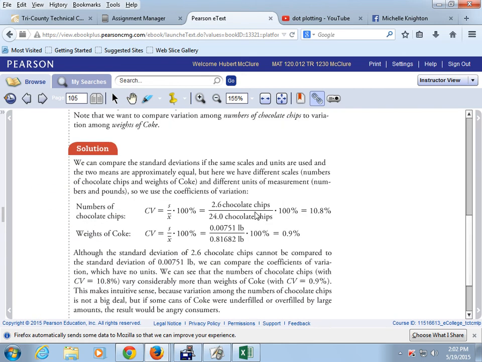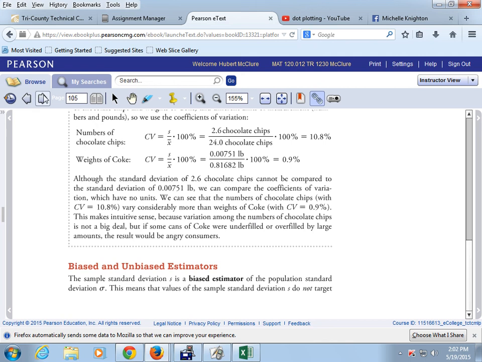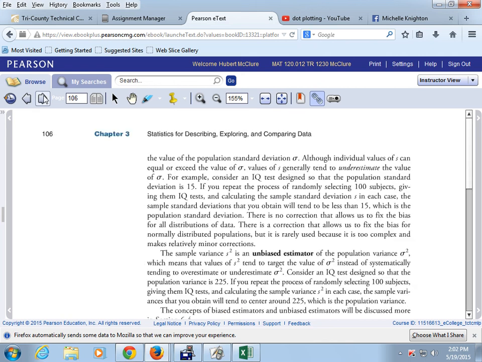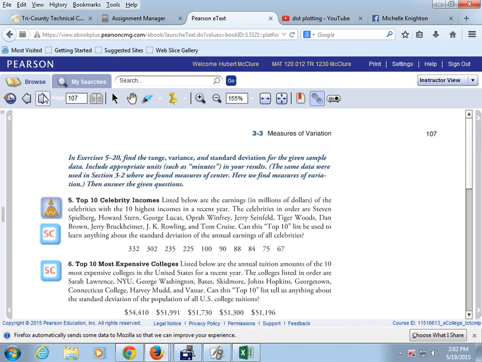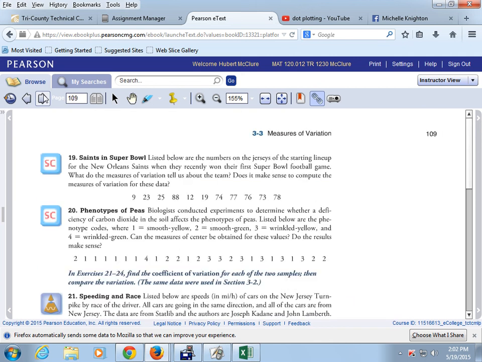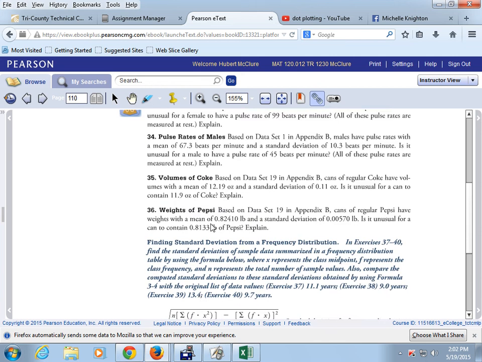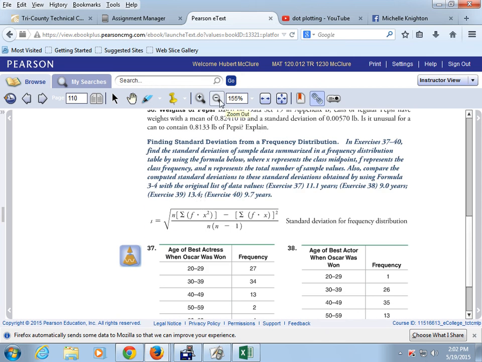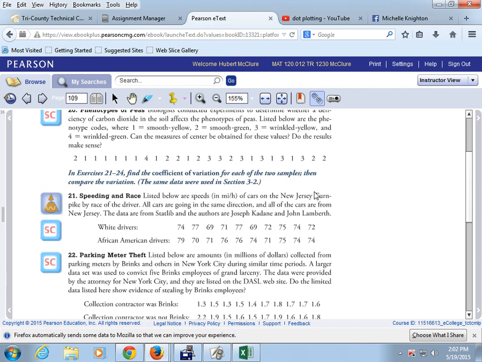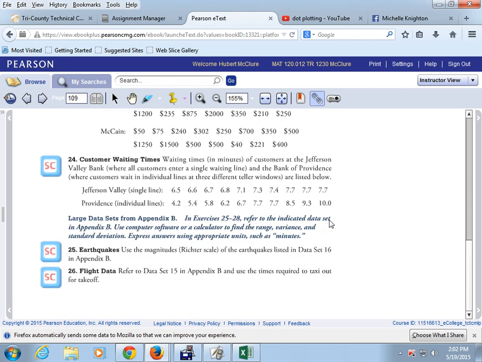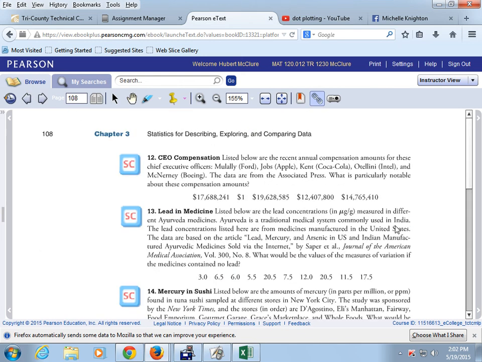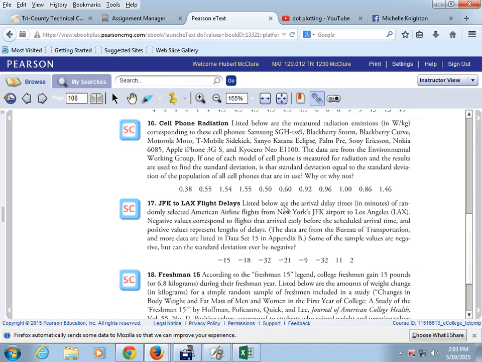We're in chapter 3, so section 3.3. There we go, there's the formula right there. They don't give you the formula in the actual notes, so you have to look it up.